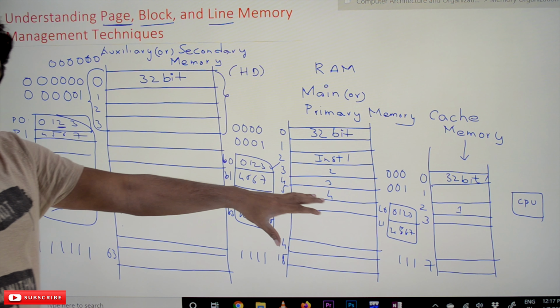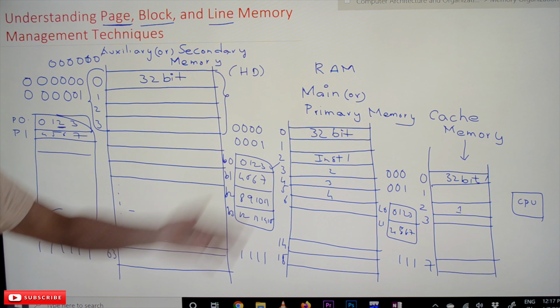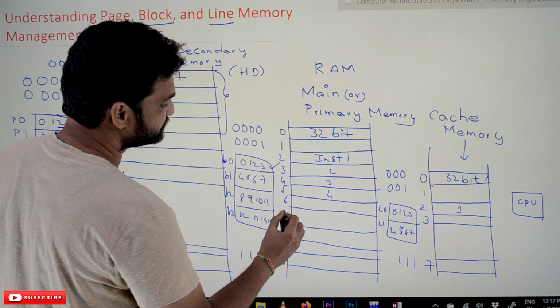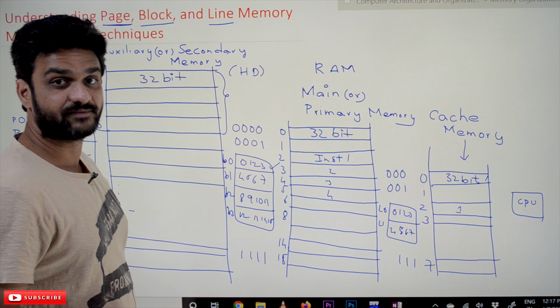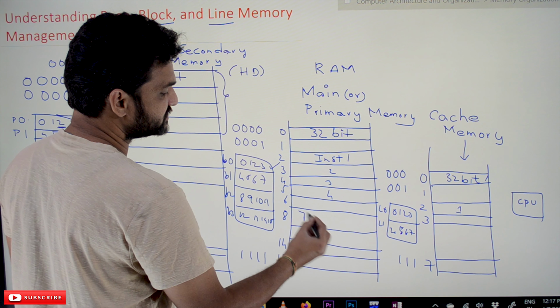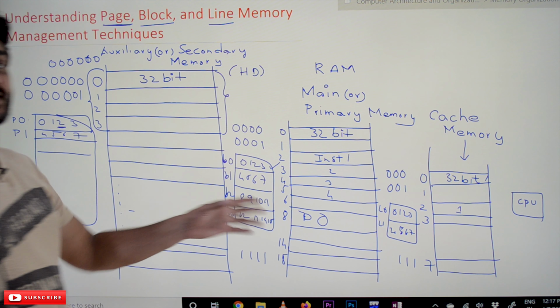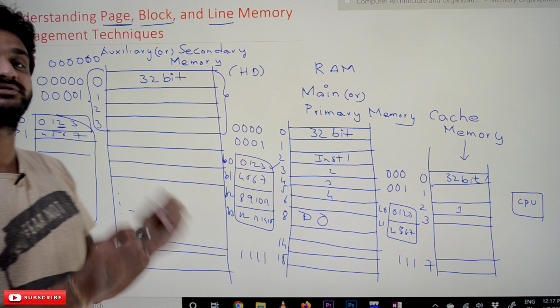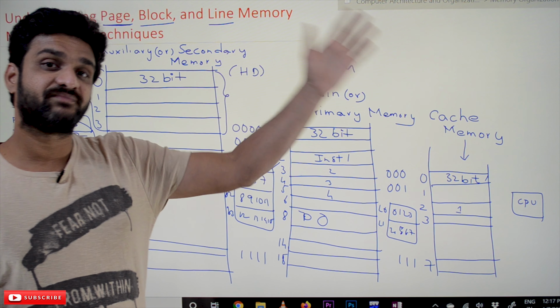Where it will get stored, we are going to understand in a later class. For example, if that page has been stored in location number 8, it will get stored onto this, which is going to have page 0. Where it is located, we will get from the page table. Those concepts we will understand in later classes.